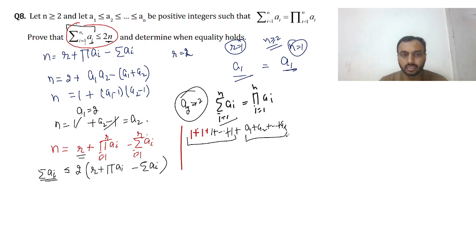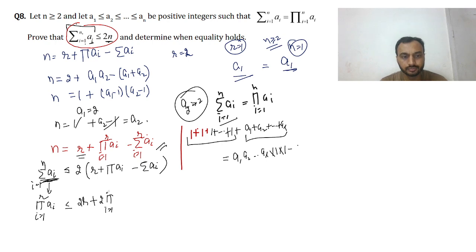So let's say those are r numbers a1, a2, up to ar, that we assume here also. So it is equal to a1 a2 up to ar because the remaining product is 1. So you can write this as a product of a1 a2 up to ar, no? This summation of ai, where i is equal to 1 to n, can be written as a product of ai where i is 1 to r, less than or equal to 2r, plus this product, also from i is equal to 1 to r.